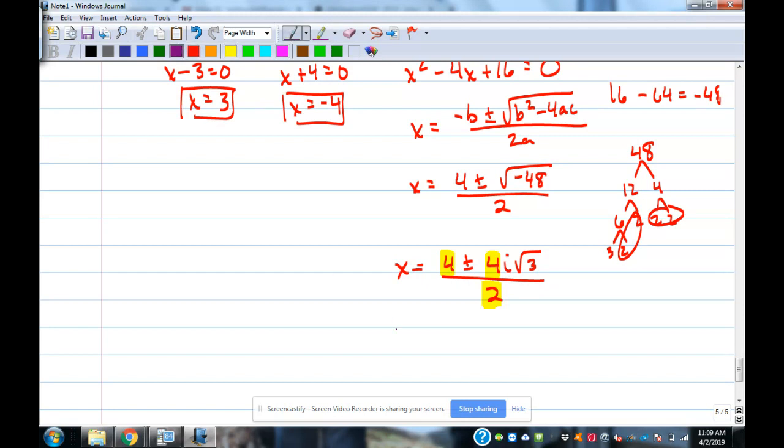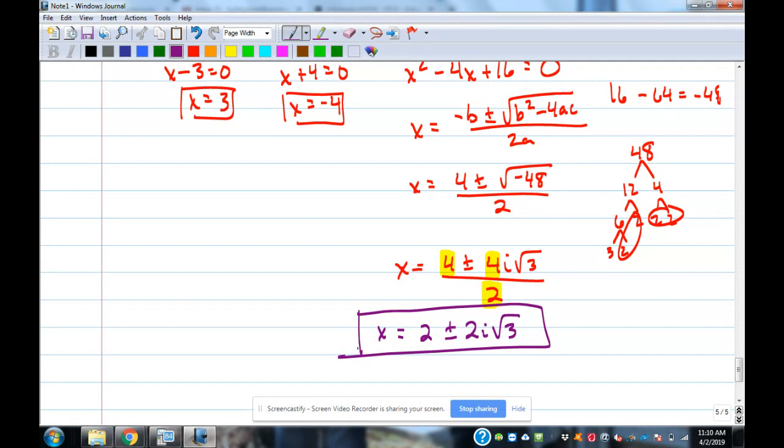So I can rewrite that as 2 plus or minus 2i radical 3. And the 2 on the bottom is canceling itself out. So this one has 4 answers: 3, negative 4, 2 plus 2i radical 3, and 2 minus 2i radical 3. Still 4 answers. The original problem had an x to the 4th power. So we're still the same there.